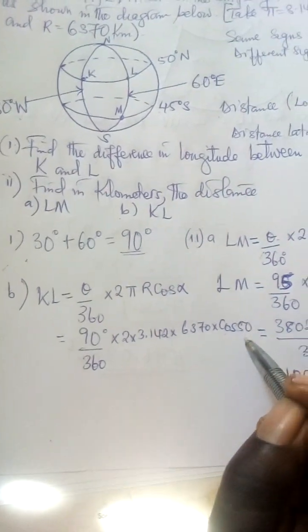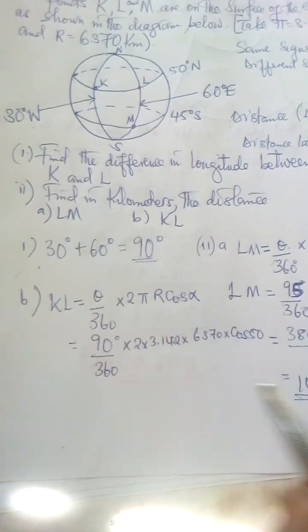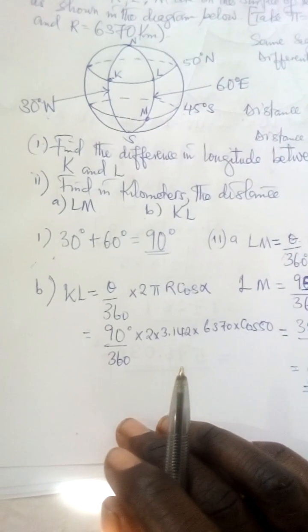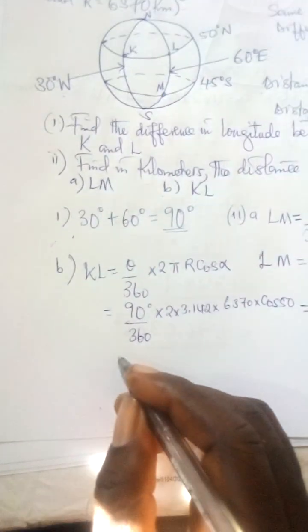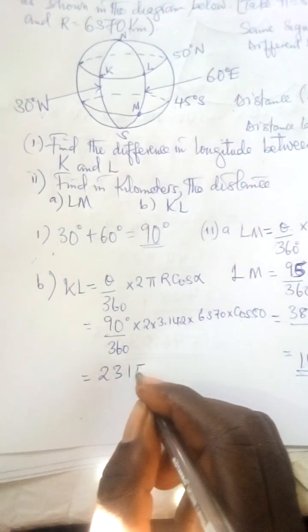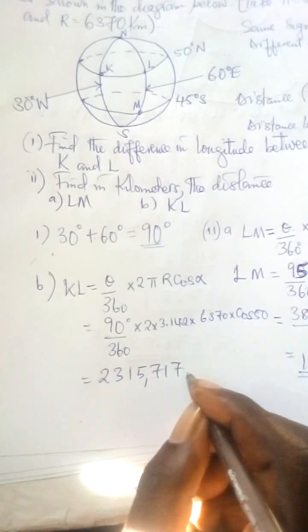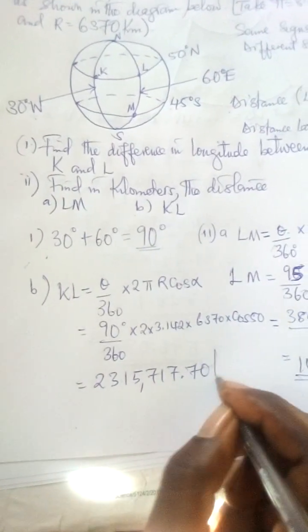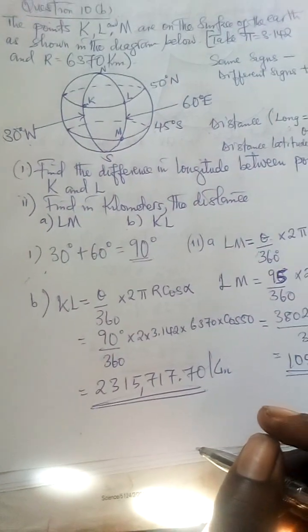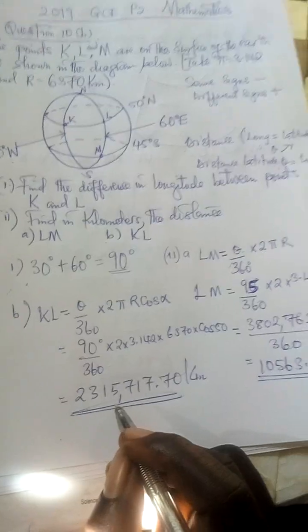So you put cos 50 there. When you punch this on your calculator, the value that you get is 23,157.70 kilometers when you round this figure off.